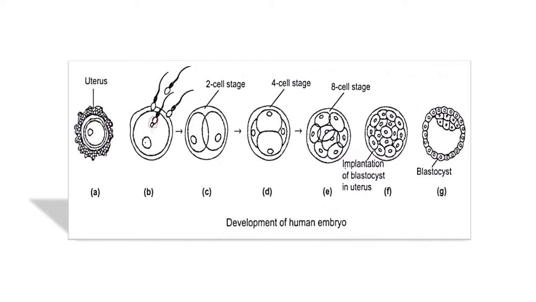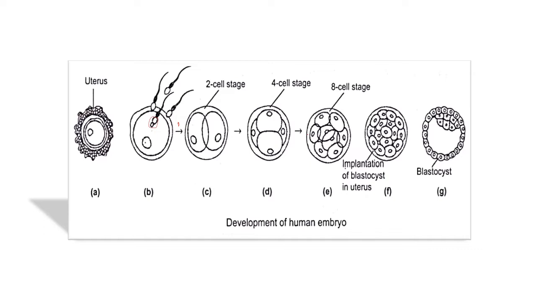This zygote undergoes the first mitotic division to form the two cell stage or two blastomeres, and it is a vertical division. The second cleavage division is also vertical, at right angles to the first cleavage division, and results in four blastomeres, the four cell stage.